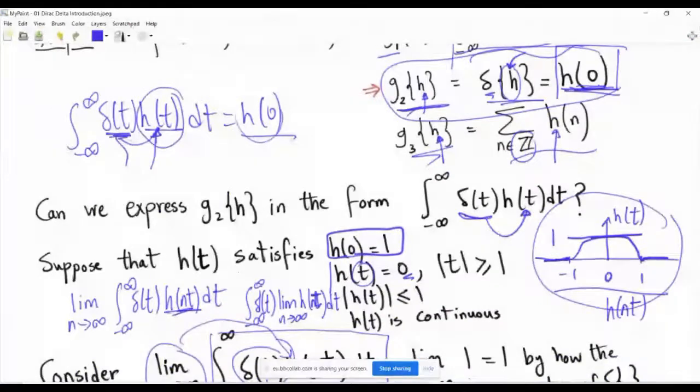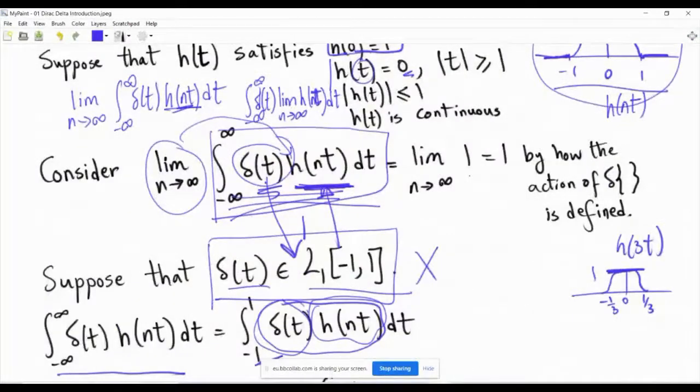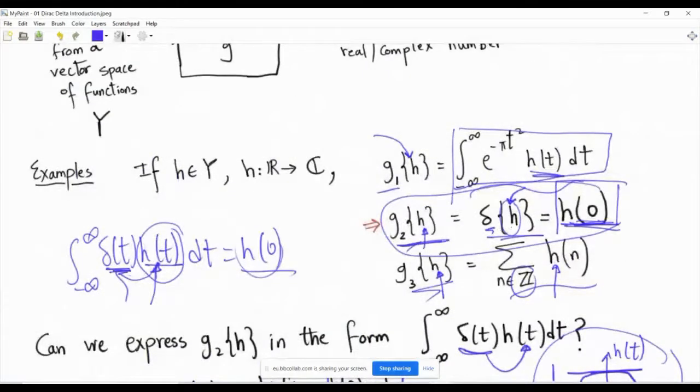You can assume other things regarding this delta of t, and you discover that it cannot be any ordinary function. So the functional that takes a function as its input and produces the value of the function at the origin cannot be expressed as the integral of the function and some nice function here.